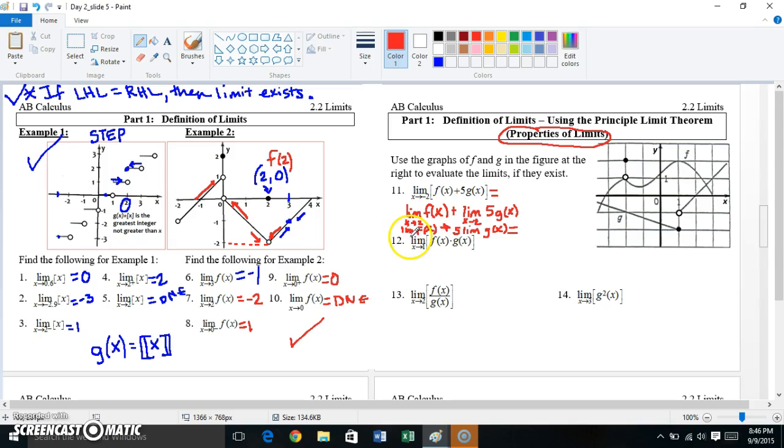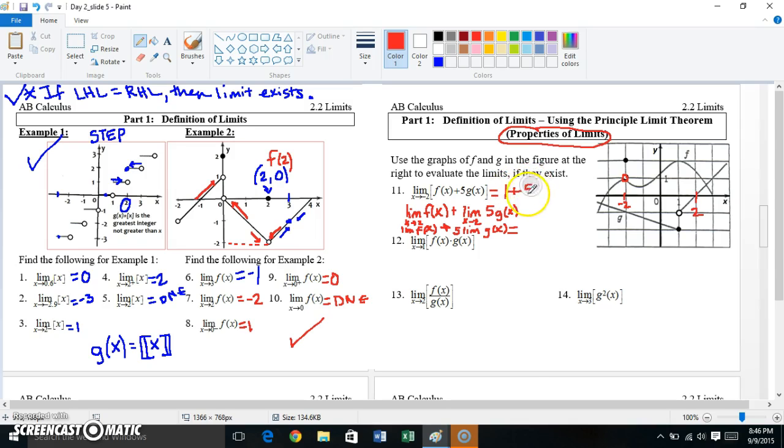Okay, well, let's look. What is the limit of f of x as x approaches 2? Here's 2 on my function. Oh, I apologize. That's a -2, so let me come over here to -2. That'll be better. So it looks like the limit from the left and the limit from the right is 1. Even though there's a hole there, that doesn't matter. It's what I'm getting close to.